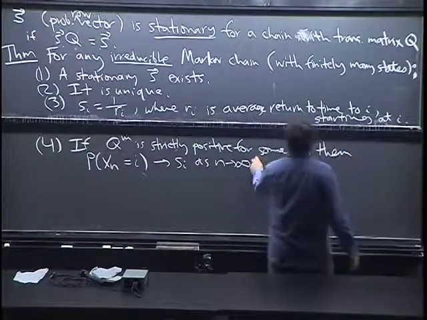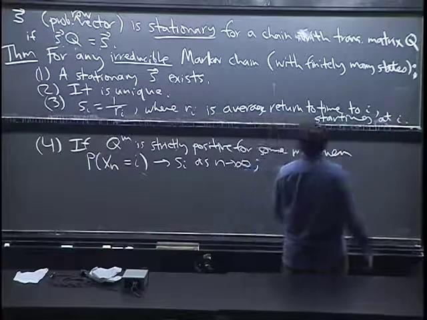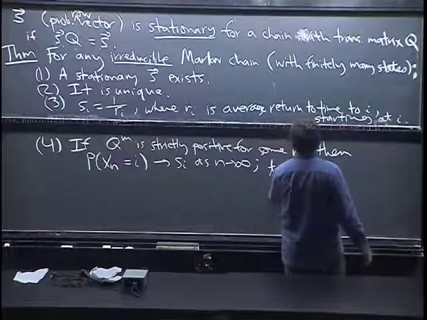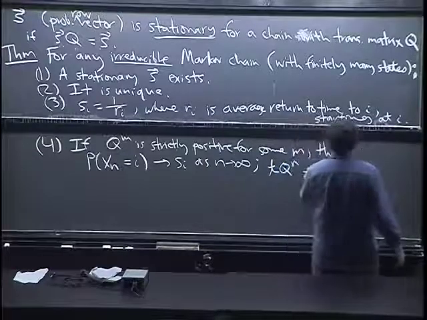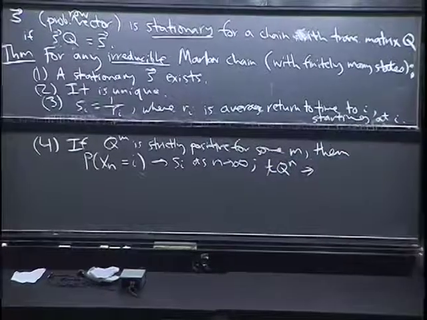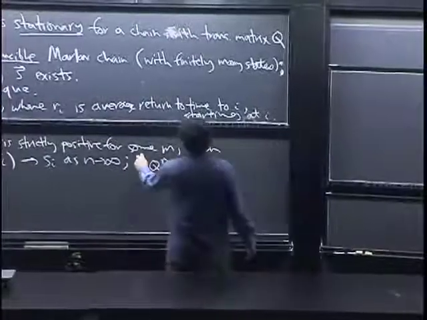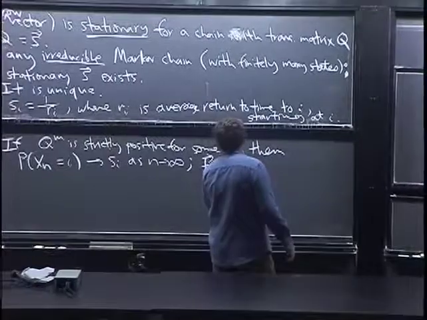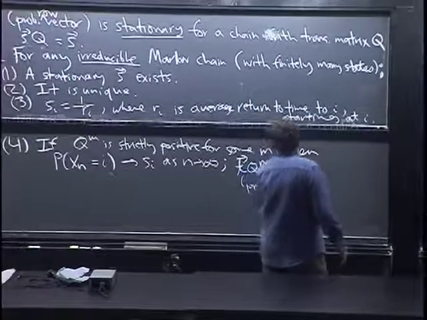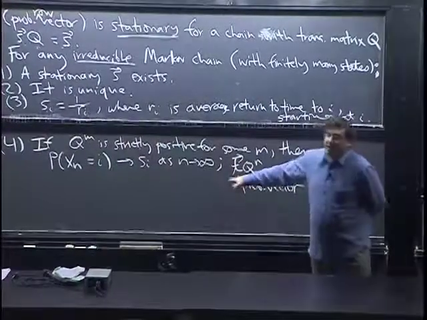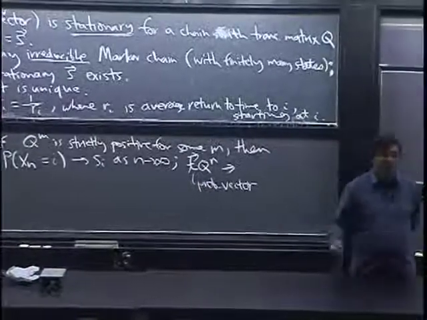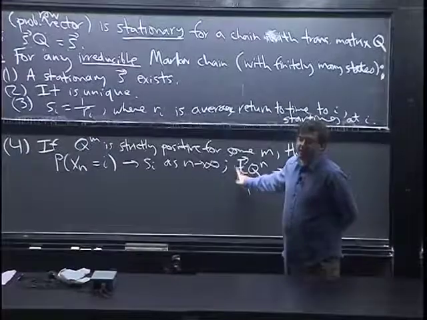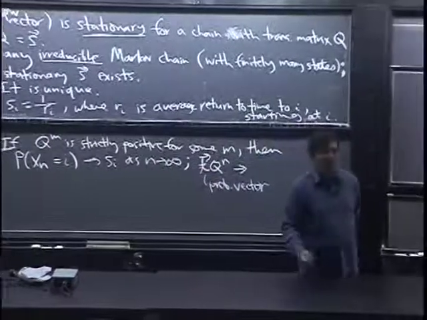In matrix terms, another way to say that would be just that t Q to the n converges. So last time we showed that if we start out, t is just any probability vector, not necessarily the stationary one. So think of t as initially we choose a random state with probabilities given by t. If we want to be deterministic, then just make t have a 1 and everything else zeros.